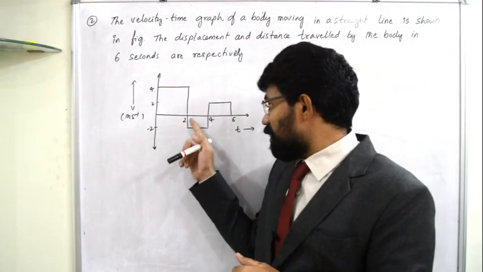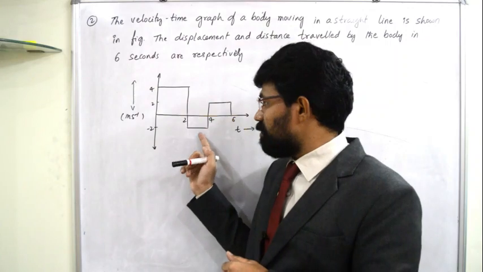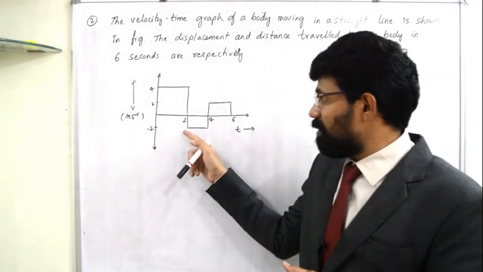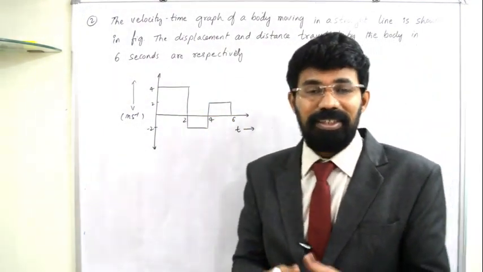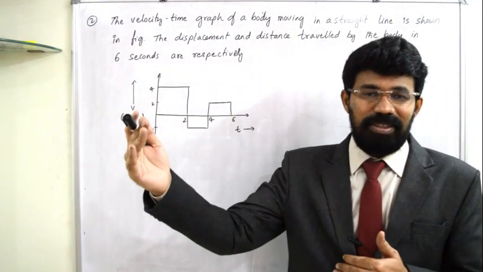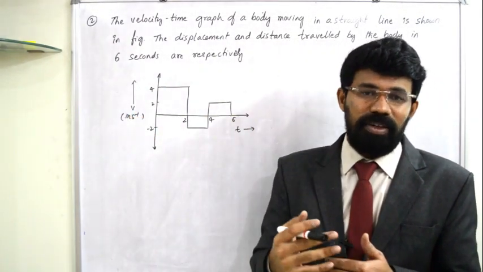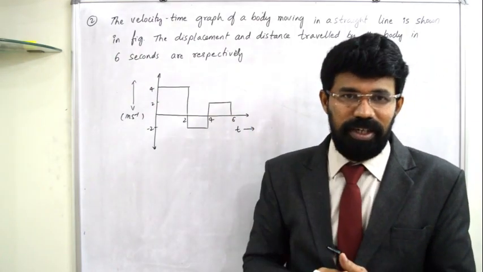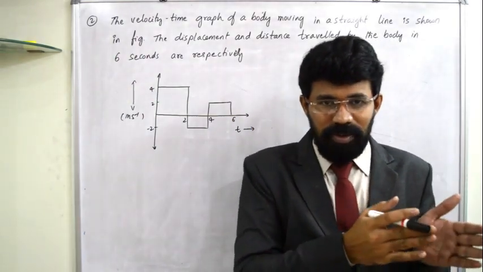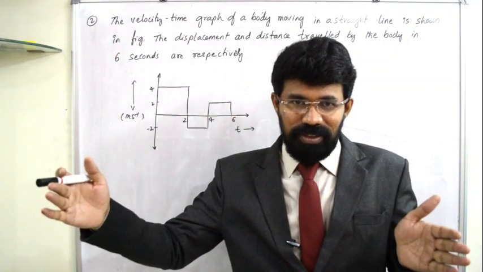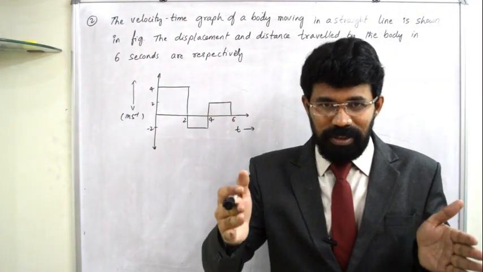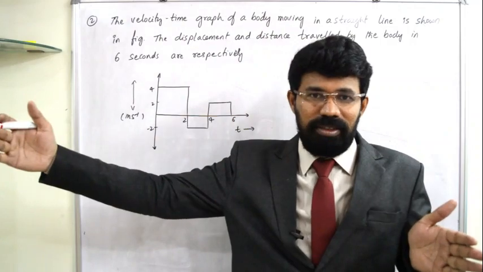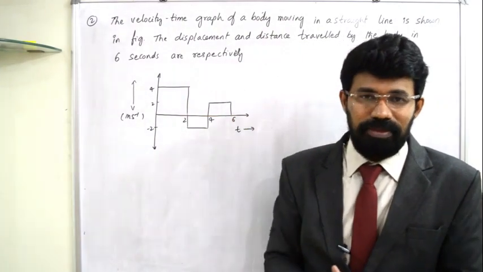But this particular part of the graph, which is in the fourth quadrant, showing a negative velocity, indicates that the body has turned back, and then again it has turned back and is traveling in the forward direction. Like it is traveling from left to right. After traveling a certain distance, it turned back, and after traveling a certain distance, again it turned back and went ahead. That is the kind of situation it is.